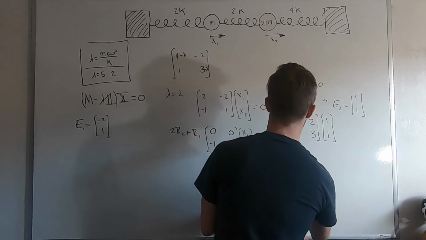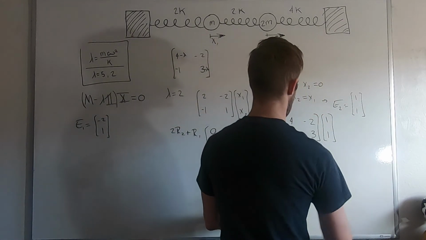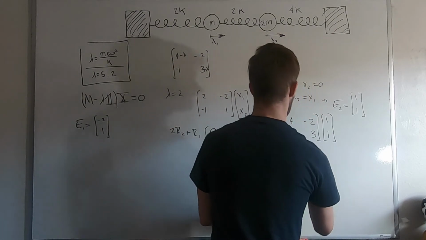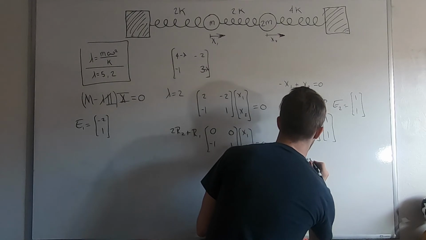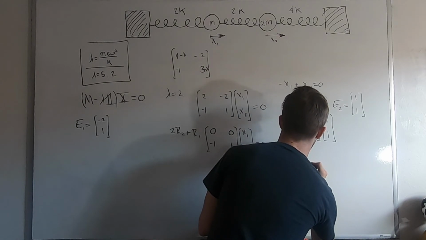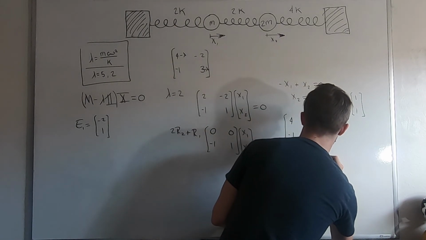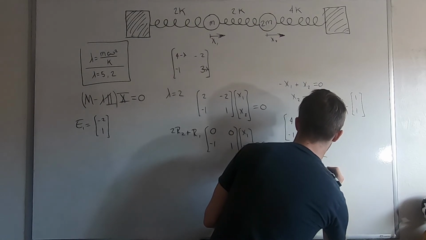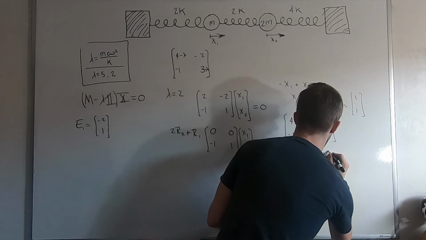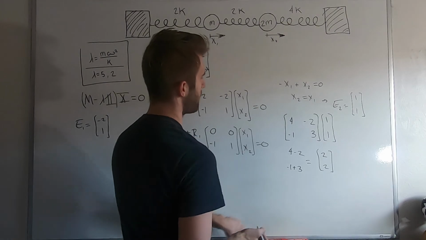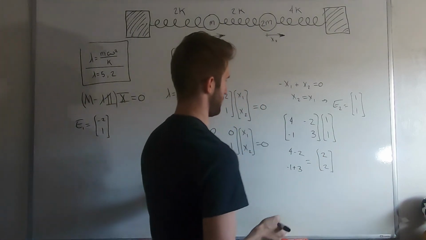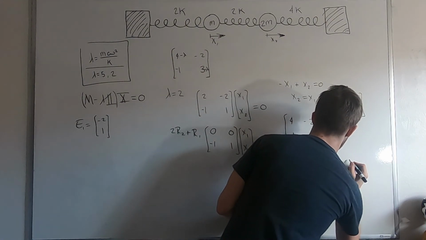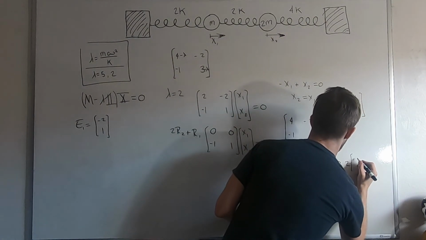So we're gonna have 4 minus 2, and then -1 plus 3. All right, and this is going to give us 2 and 2. And lo and behold, we have our eigenvector scaled by our eigenvalue of 2, which we see is just 2 times 1, 1.